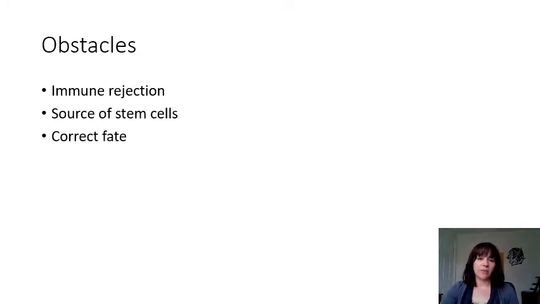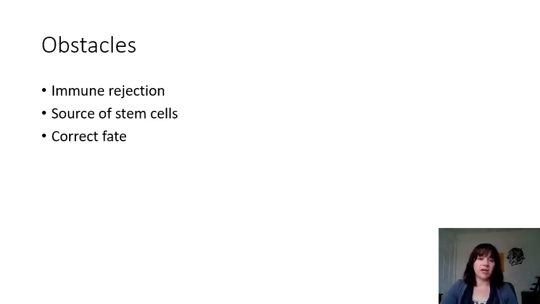And even if you are the same blood type, there is still a possibility that your body will say, this is not my tissue, and the immune system will attack those donated cells and kill them. And so people that get transplants often are on high immunosuppressives.